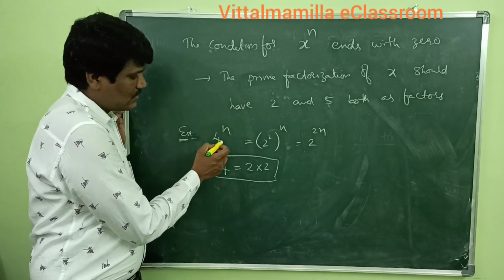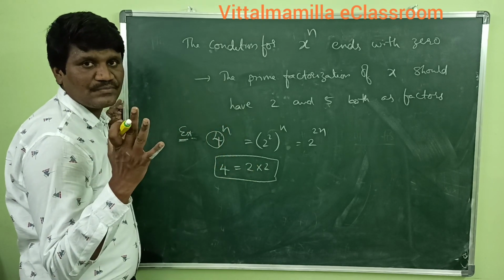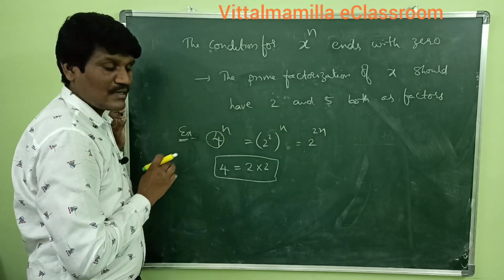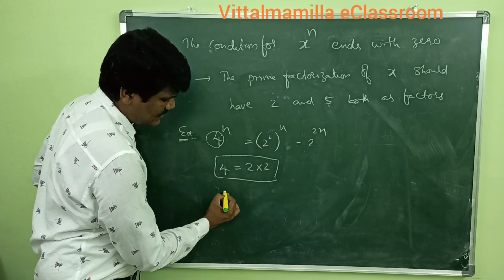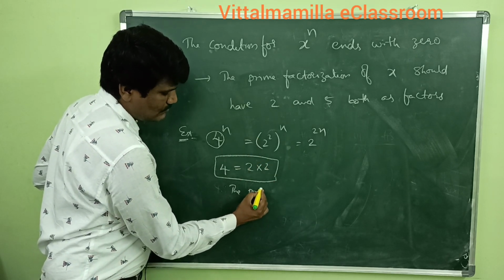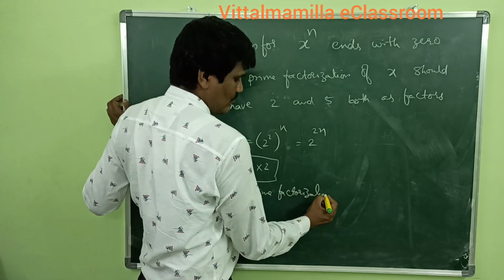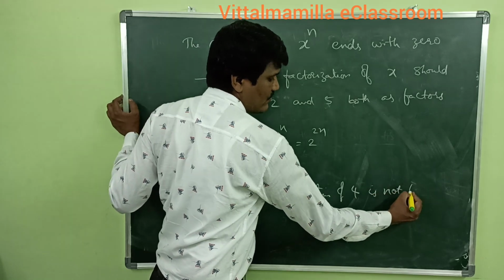4 power n, the factors of 4 are only 2 into 2. It is not having 5. If it is having 5, definitely it will end with 0. But it is not having 5, right? So what you should write is the prime factorization of 4 is not having 5.